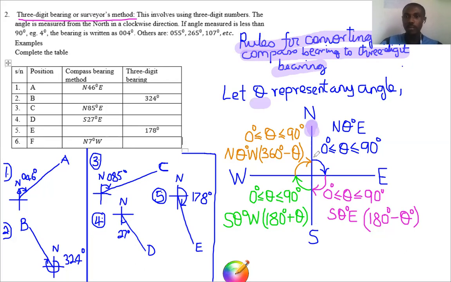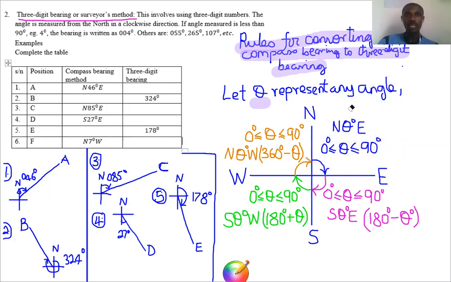Now the rule states that if any bearing or any points fall between the north and east of the reference point, anywhere around this region, of course, you know that the points lie between 0 to 90 degrees northeast. So all we need to do is to add two zeros or a single zero depending on the given angle.